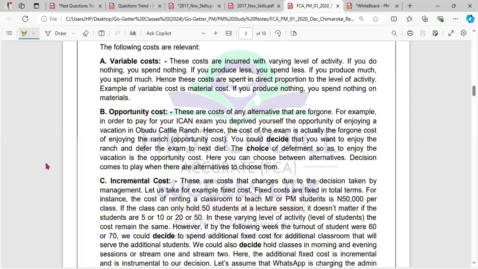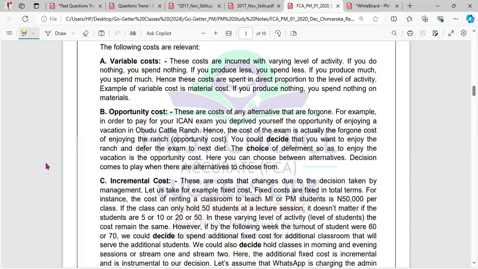If you are to use the money for your exam to go to the Obudu cattle ranch, or you decide to forego it so that you can write the exam, now that Obudu cattle ranch is the opportunity cost because you choose to defer it.